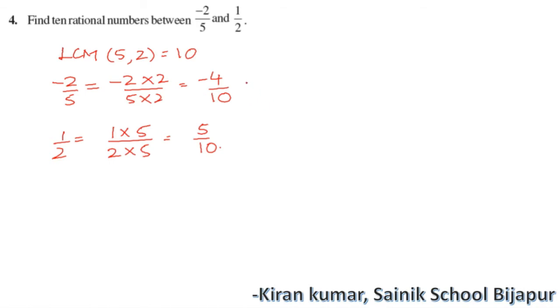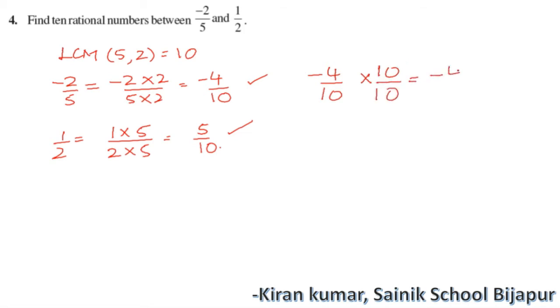Can we find 10 rational numbers between these two numbers? It's not possible because negative 3, negative 2, negative 1, 0, 1, 2, 3, 4 add up to few numbers. So what I do is, negative 4 by 10, I will multiply this with, say, 10 and divide by 10.